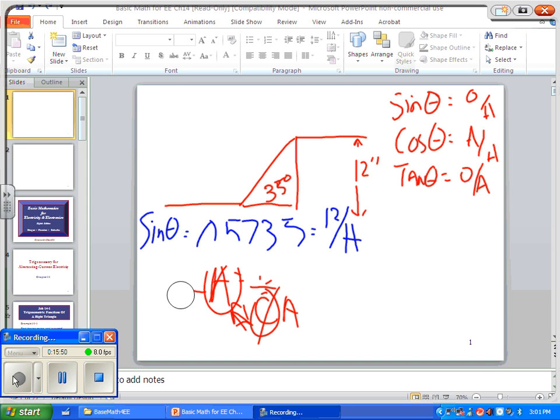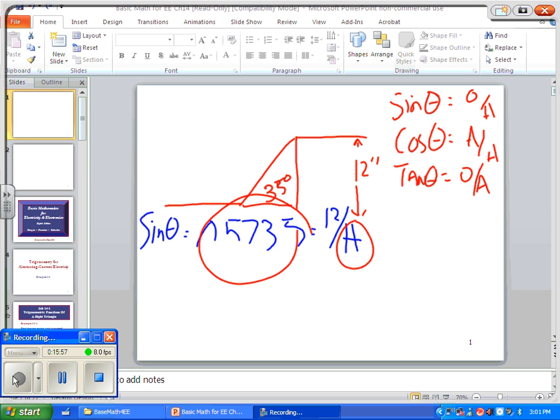So if we exchange them, we wind up with h is equal to 12 divided by 0.5735. Now, we've got 0.5735 in our calculator, so all we're going to do is punch in 12, divide by second function, answer, enter.